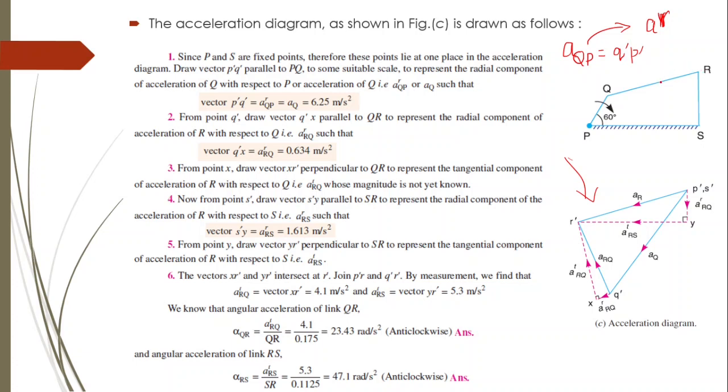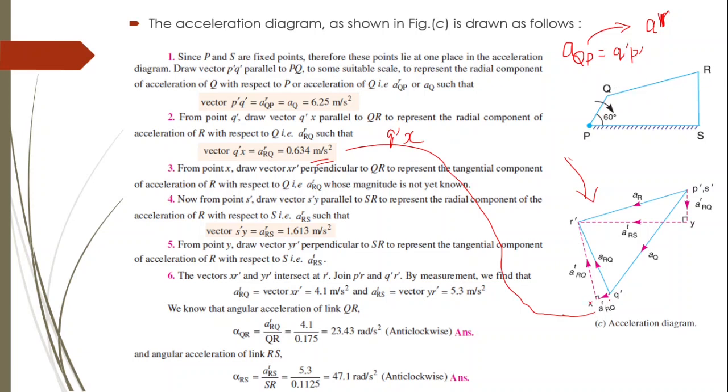The radial component we already found out, and it must be parallel to QR. That radial component is equal to 0.634 meter per second square, and that length is represented by Q dash X, parallel to QR.